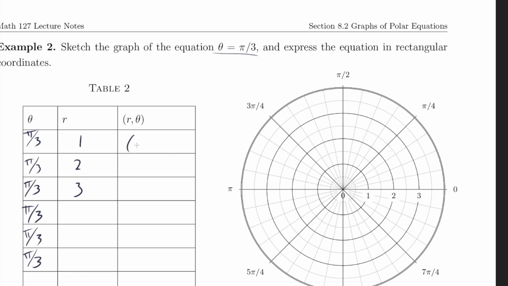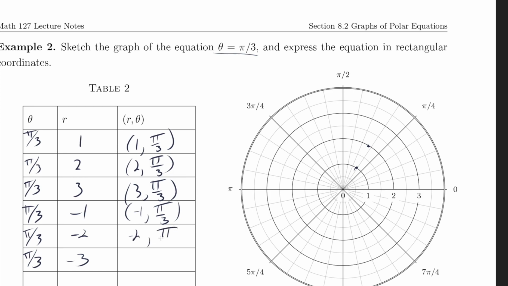So I'll have 1, pi over 3, about here; 2, pi over 3, about there; 3, pi over 3. And then we also could have r equal to -1, -2, -3, so we'll have -1, pi over 3; -2, pi over 3; and -3, pi over 3.